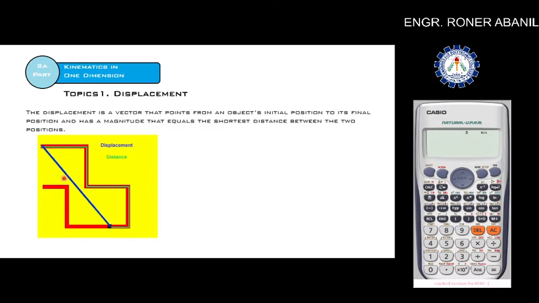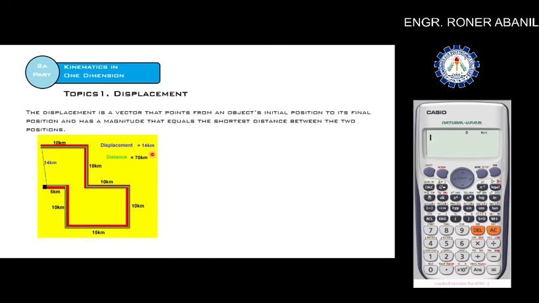So kung makikita nyo dito sa image, no, dito sa picture na pinapakita, nag-travel yung isang object, no? Pero kung mapapansin nyo, yung distance niya sa dulo ng track is 70 and yung displacement niya is 14.